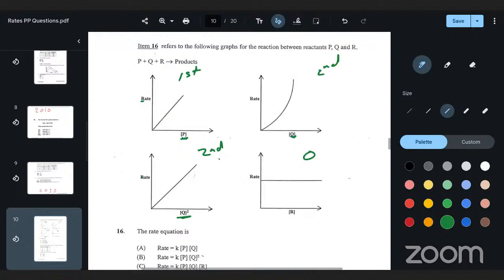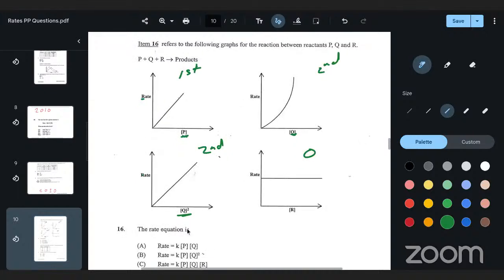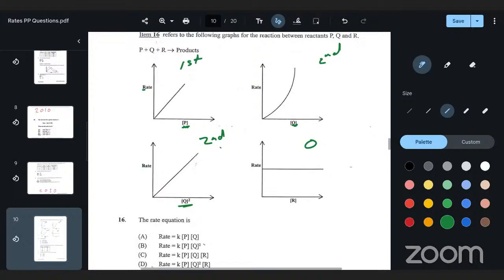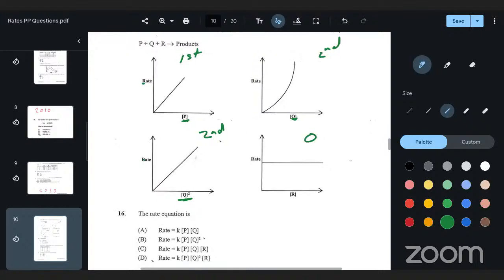All right, so what would be the rate equation? So P is first order, Q is second order, and R is 0 order. So which of these is correct? B, sir. B, right. So remember, for 0 order, rate is equal to k.